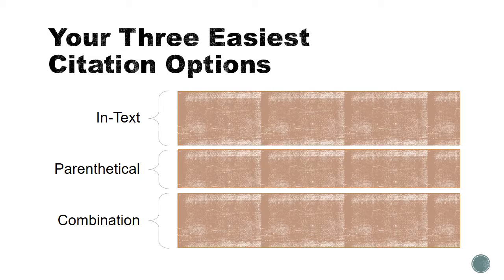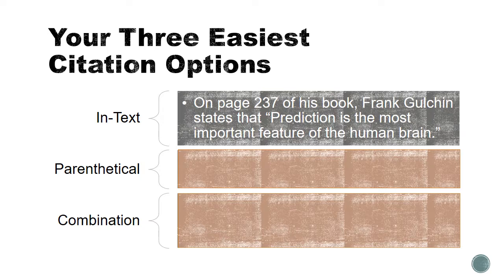So there are three citation options when you're working in a text. And I know we've gone over this in class, but I really, really want you to have this in your notes also. So you've got in-text citations, you've got parenthetical citations, and you've got a combination of both. So an in-text citation goes something like this.